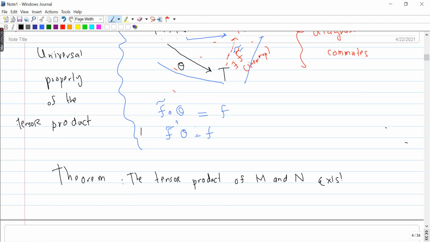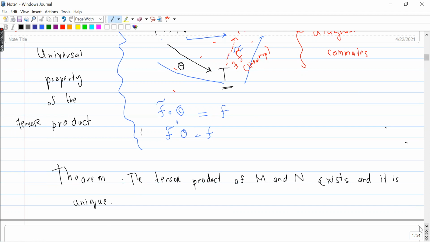So we can construct an R module T which is satisfying the universal property of the tensor product. The tensor product exists and it is unique. So we can construct the tensor product and this module T is a unique module.